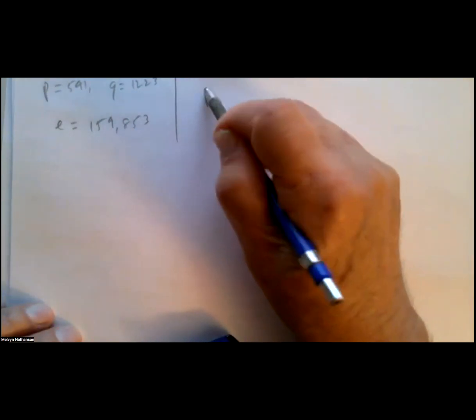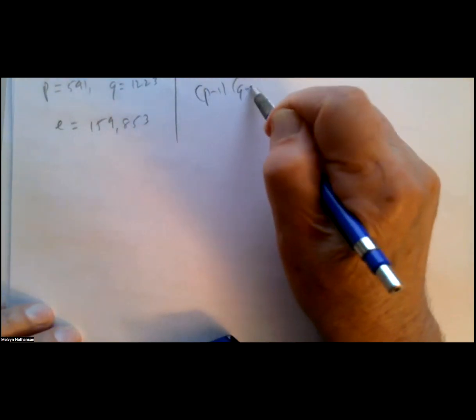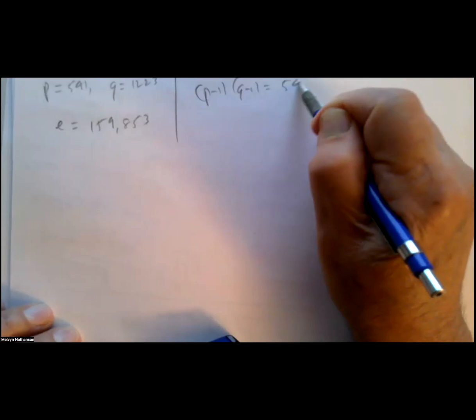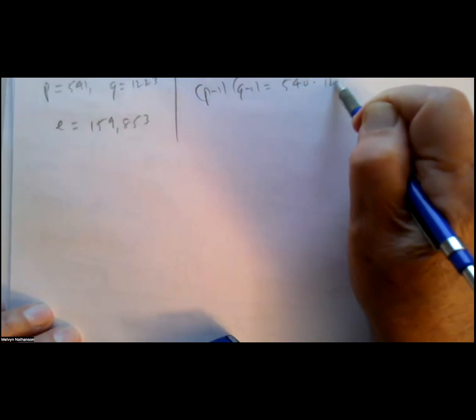And p minus 1, q minus 1 is 540 times 1222. If I multiply 540 times 1222, I get a little smaller number, 659,880.